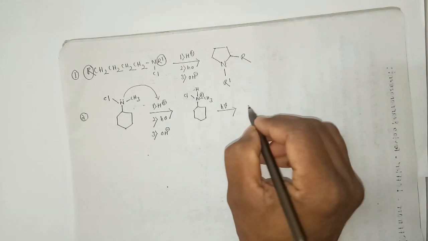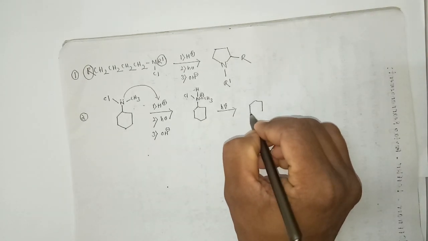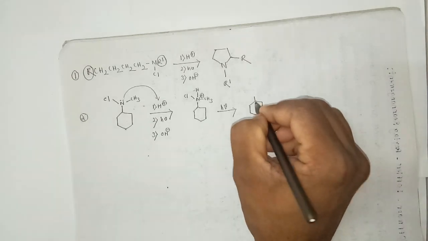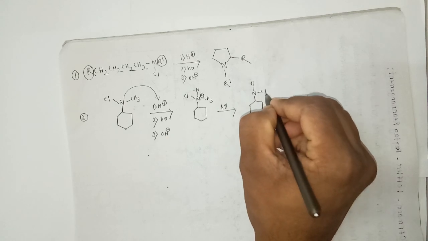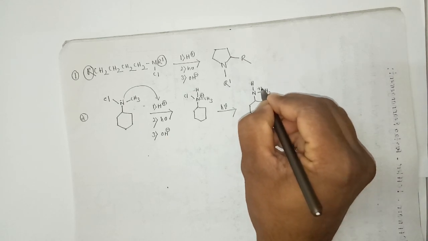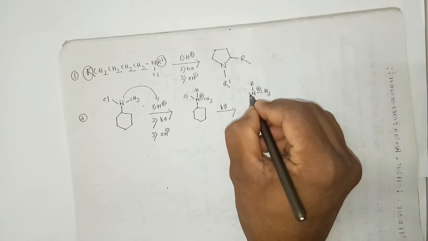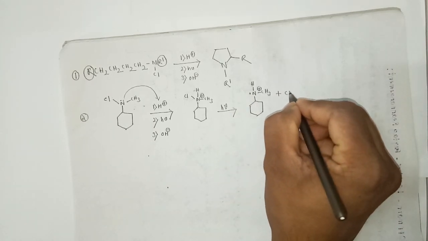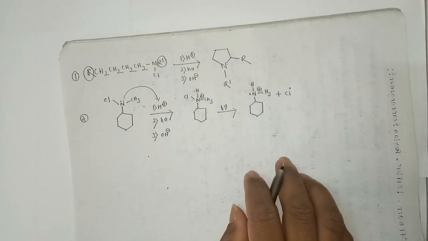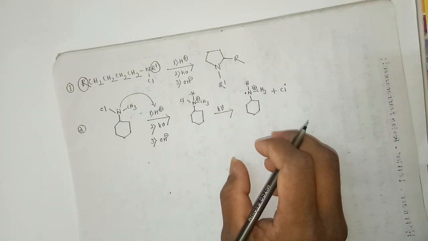This is nitrogen, this is hydrogen and this is methyl group, which already has a positive charge. Nitrogen has a radical, plus a chlorine radical.